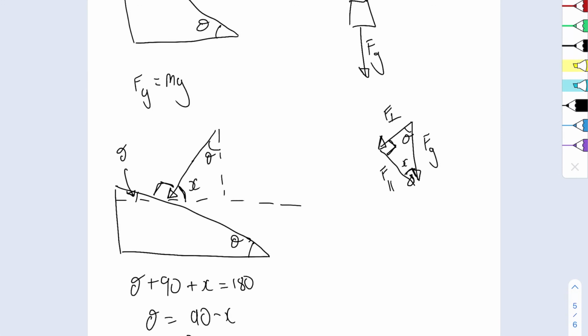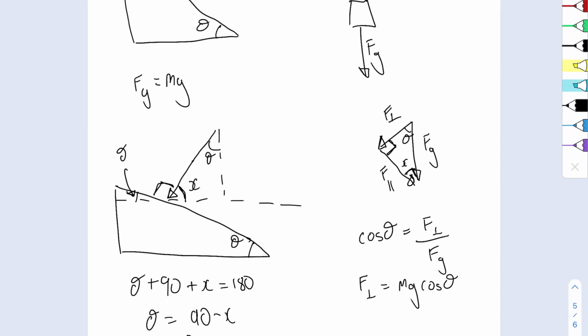So now we can use trig to help us find the perpendicular component. From trig, cosine theta is equal to F perpendicular over Fg. So F perpendicular equals mg cosine theta, because remember the force of gravity is just mg.